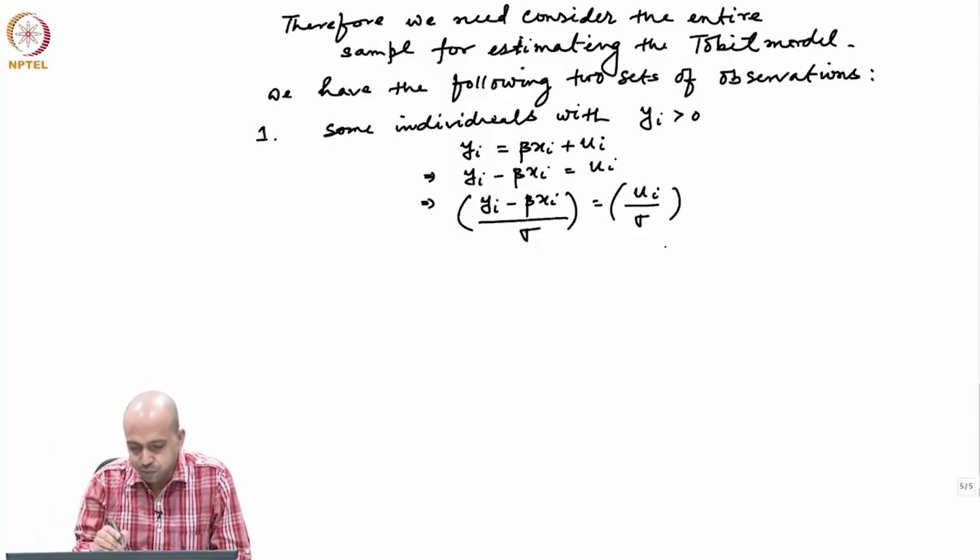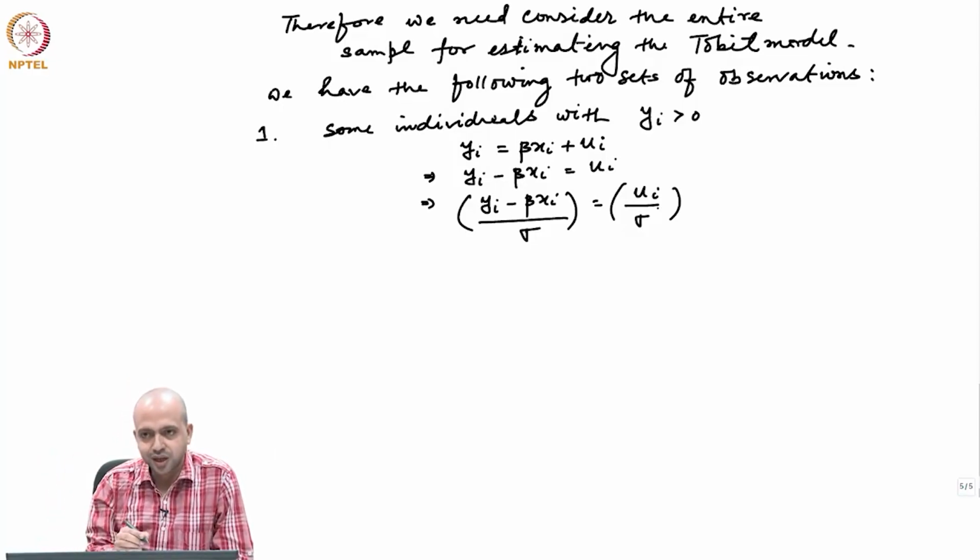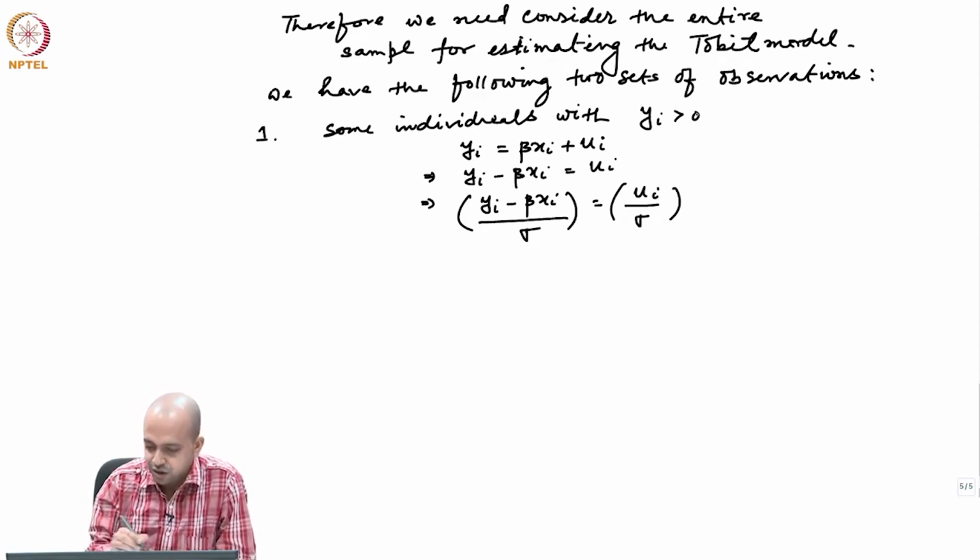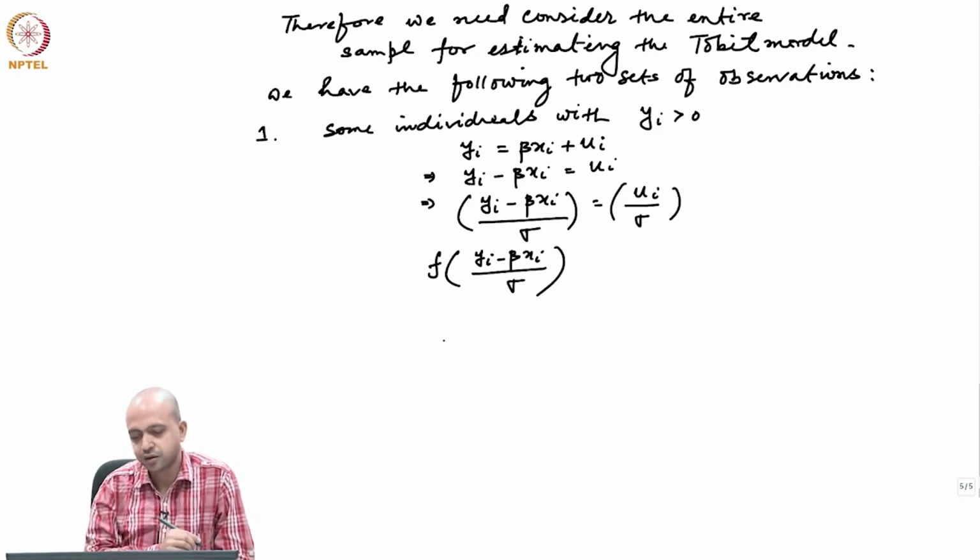So, that means the probability of yi greater than this can be represented by a standard normal distribution, which is yi minus beta xi by sigma.